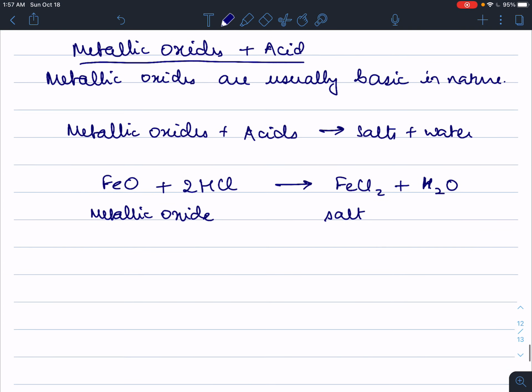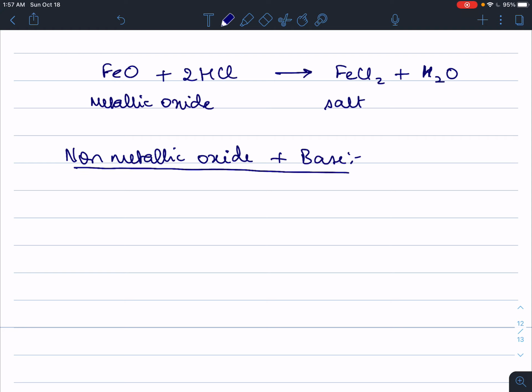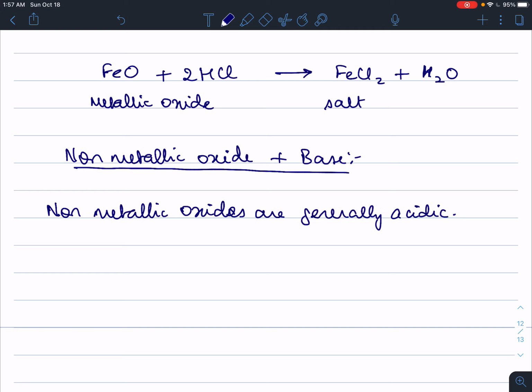In a very similar fashion, think about a non-metallic oxide. So we know that non-metallic oxides are generally acidic.